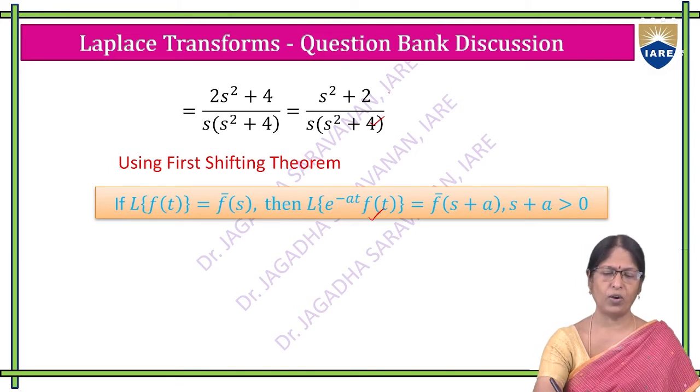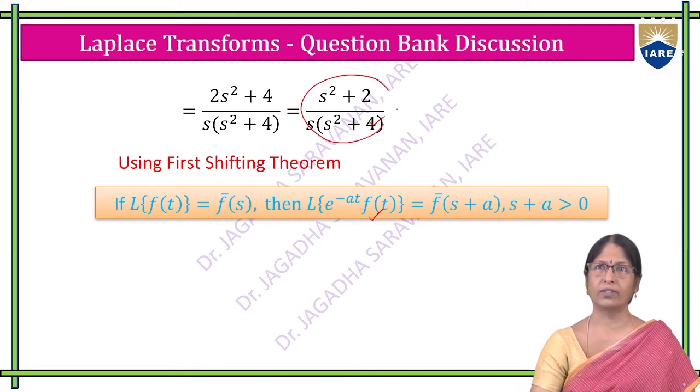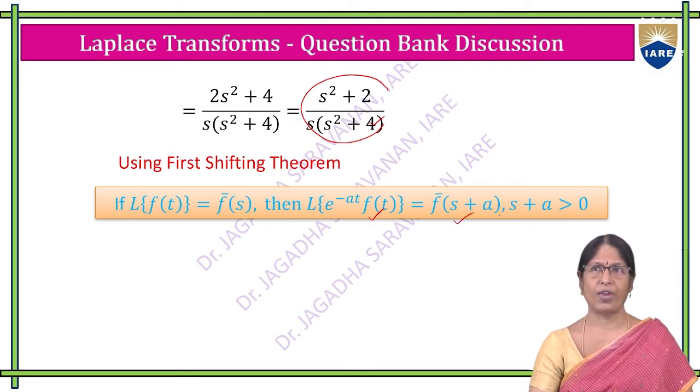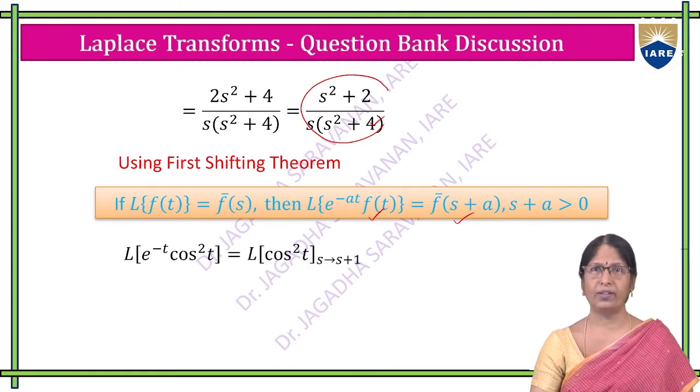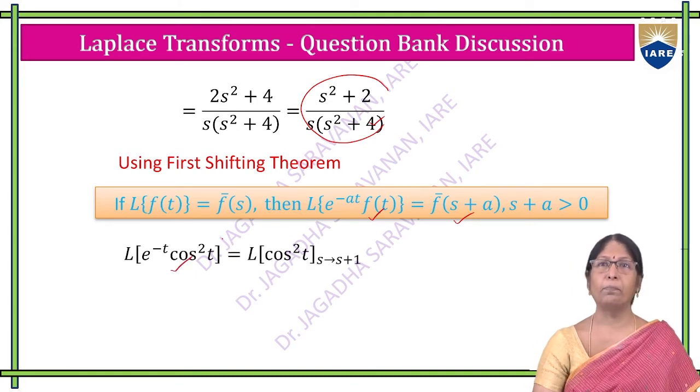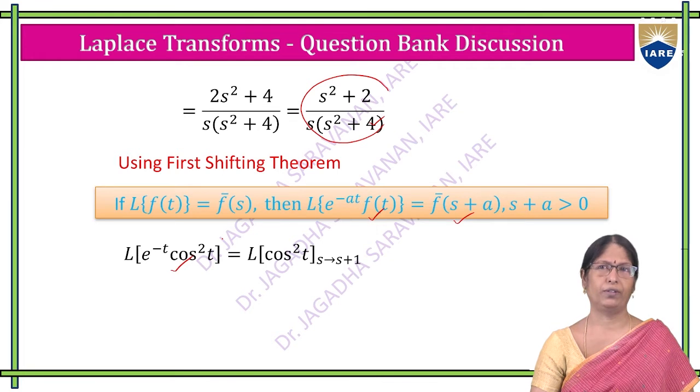That is simplified, and already we obtained this result. If it is multiplied by e power minus at, then f bar of s, you replace s by s plus a. According to that, this is our complete question.